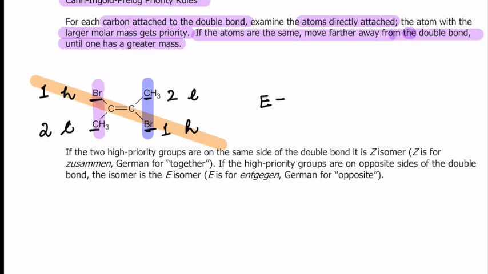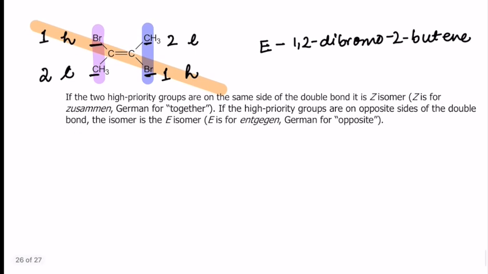Therefore, the name would start with the designation E for Entgegen on the double bond. This is still a butene, and this is 1,2-dibromo-2-butene.